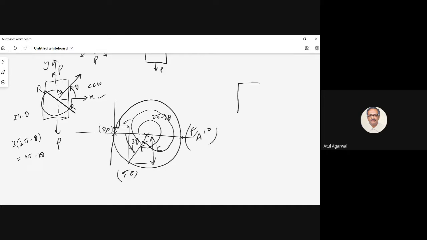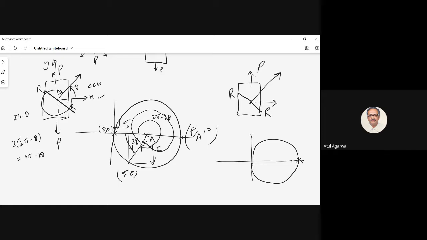One more way we can do it. I could have chosen this point, and I wanted to reach RR, same plane. Now you see this plane is making an angle theta with this axis.